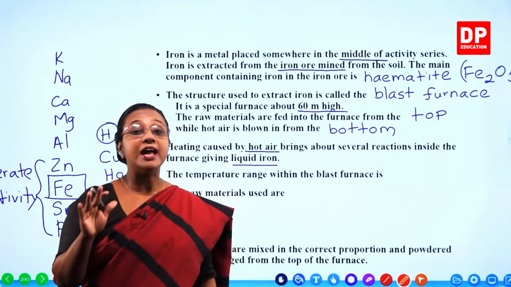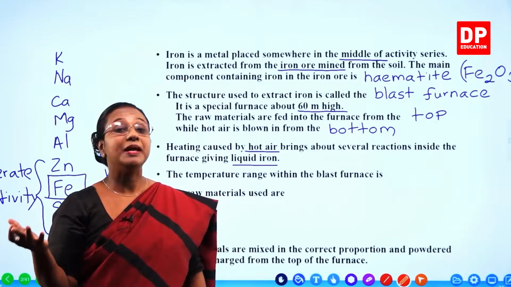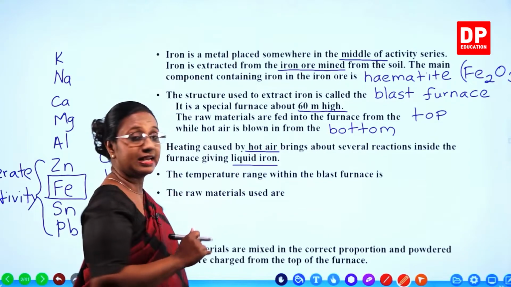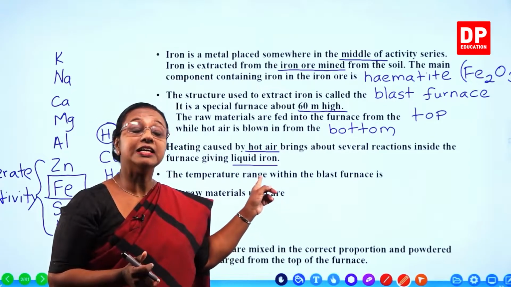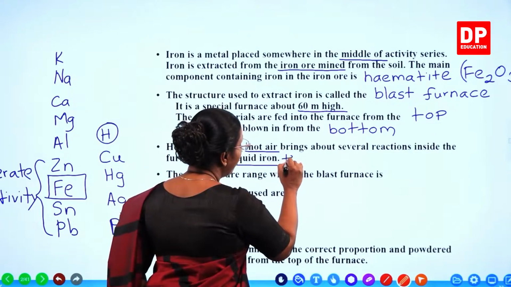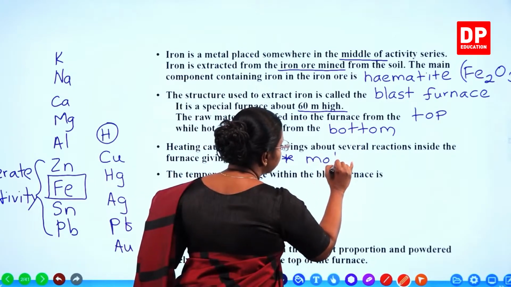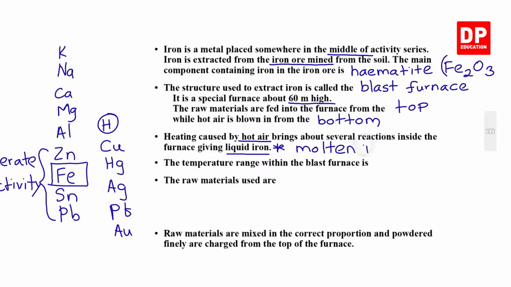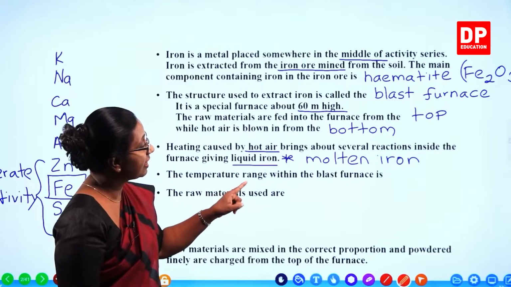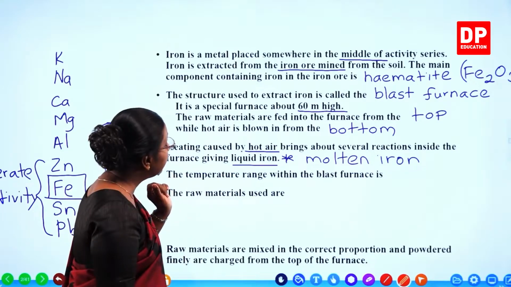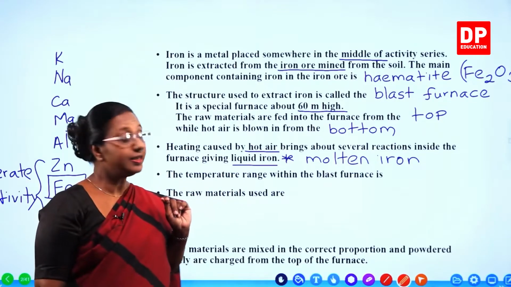Although we use iron in the form of a solid, a metal, when we extract it, we get it as liquid iron, or we can call it molten iron. Both refer to the same thing, iron metal in the liquid state. So, heating caused by hot air brings about several reactions inside the furnace, giving liquid iron or molten iron.